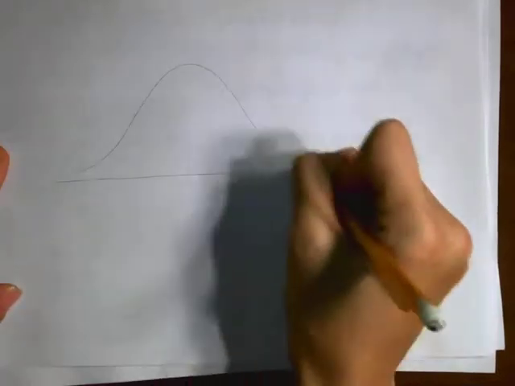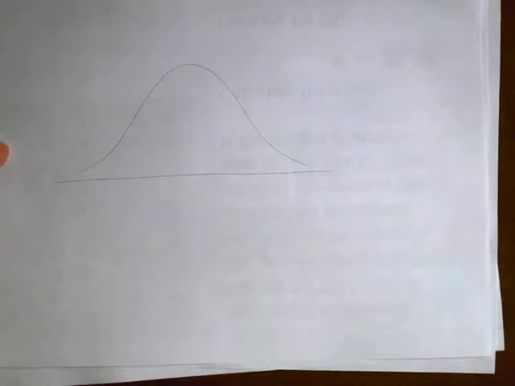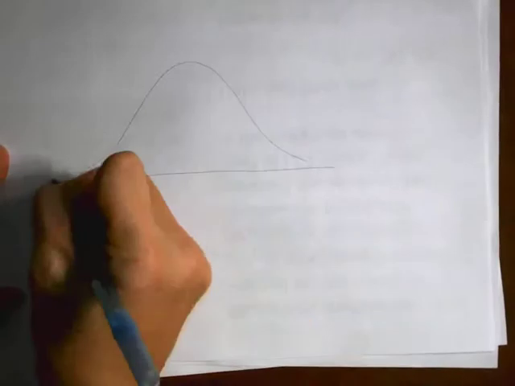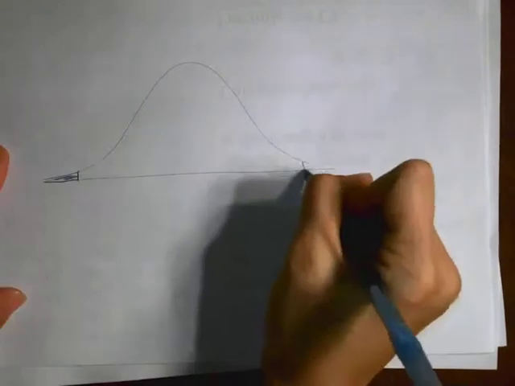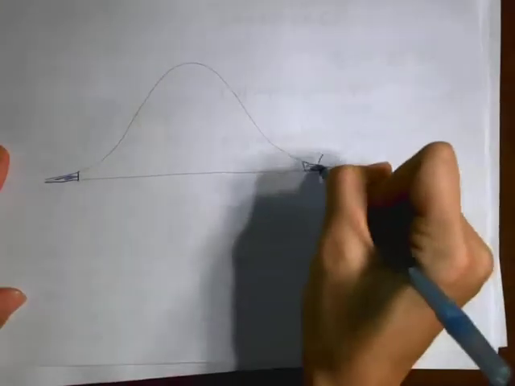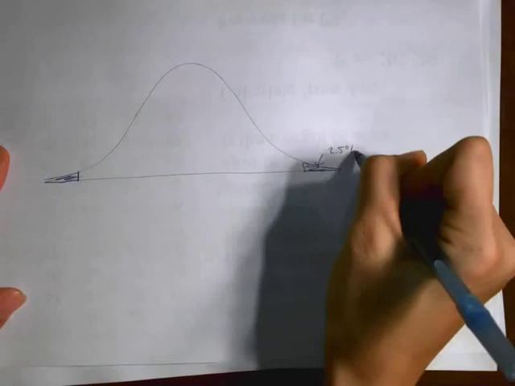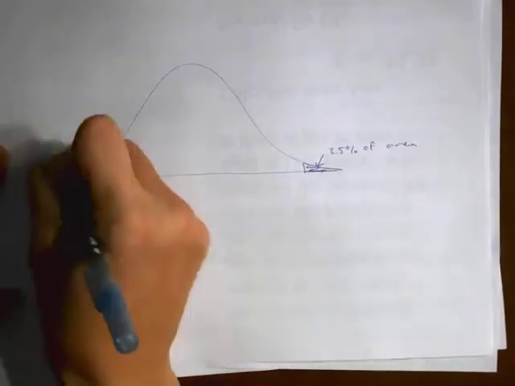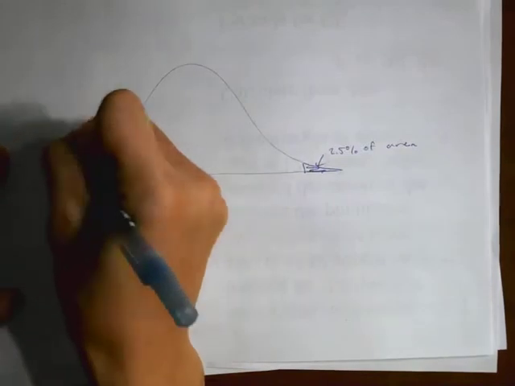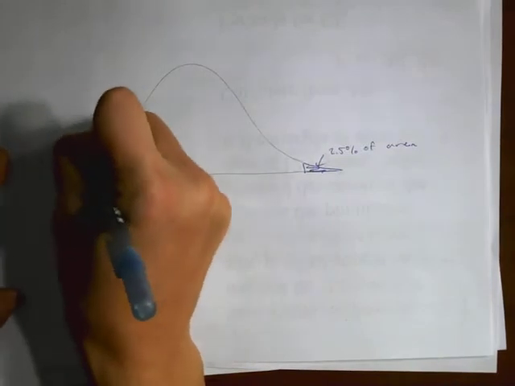Here's my data. For my 95% estimate, I'm going to find the area under the curve here is 2.5% of the area on the right, and 2.5% of the area on the left.